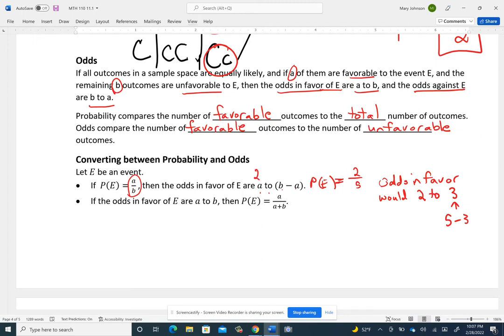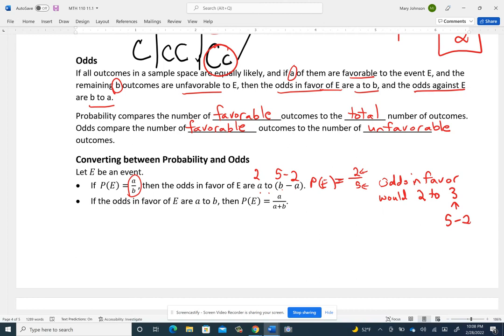So it'd be 2 to 5 minus 3. So all it's, oh, darn it, I said it wrong. 5 minus 2 is what I meant. Okay, so let me say that again. All right, so if the probability of an event is 2/5, then the odds in favor would be 2 to 3. And the 3 came from taking the total number here and subtracting the 2 that were in favor. So what you're saying is 2 favorable, 3 unfavorable.